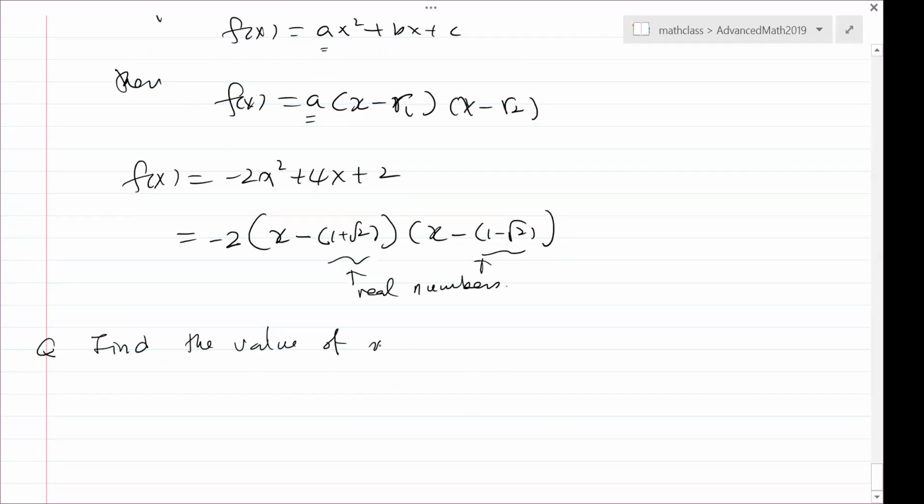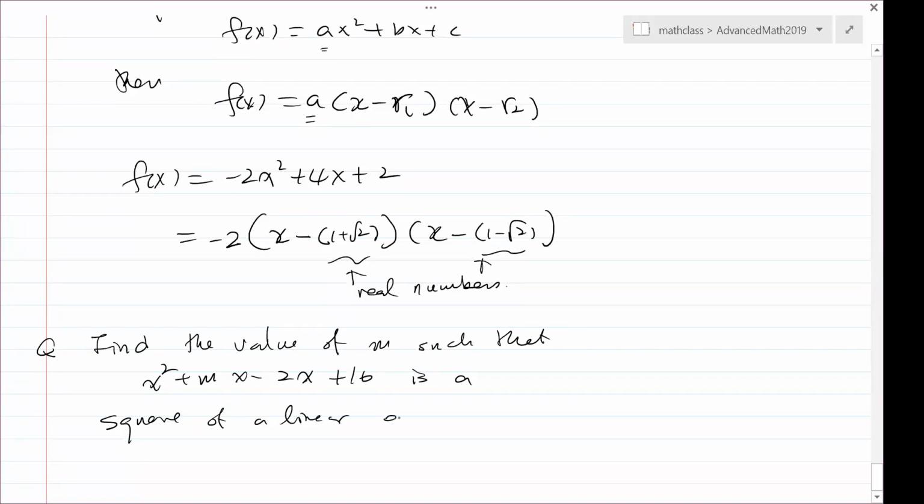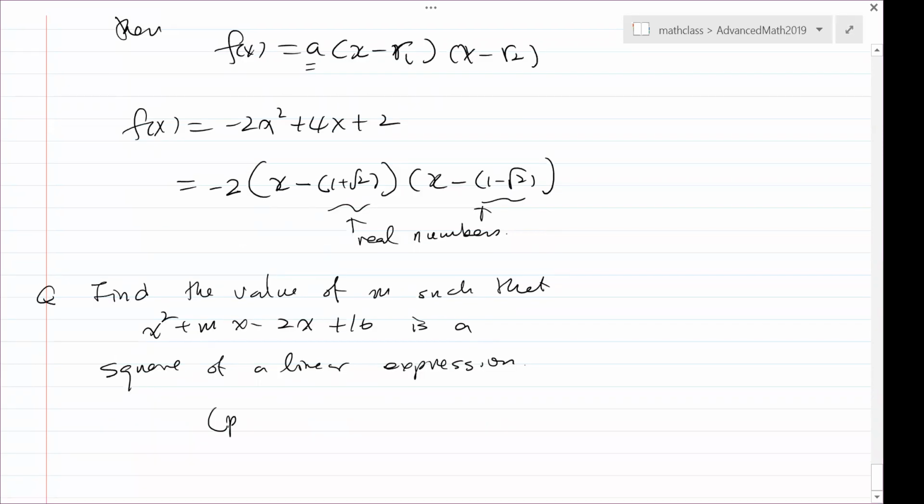Find the value of m such that x squared plus (m minus 2)x plus 16 is the square of a linear expression. Now, what does that mean? It means this function can be written as the square of a linear expression.